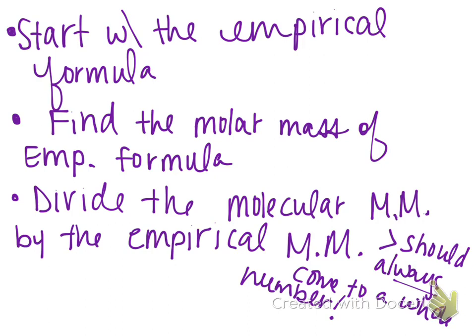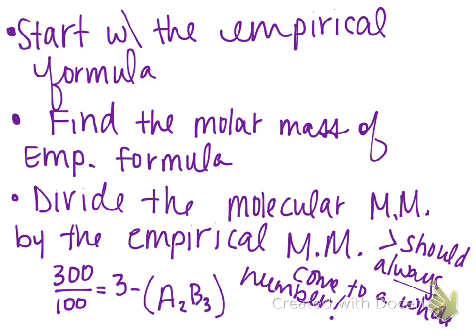Okay, so let's say, for example, these are made up numbers. Our molecular molar mass was 300, our empirical molar mass was 100. That means it's 3 times as large as its empirical formula. So if its empirical formula had been A2B3, we would take that whole thing times 3, and we would get A, how many?